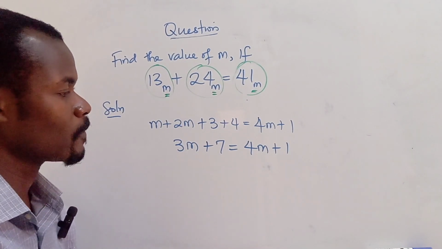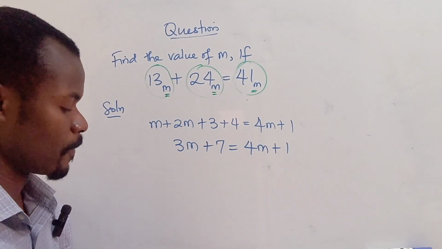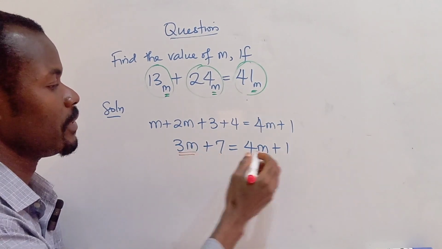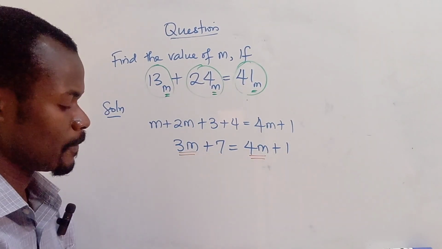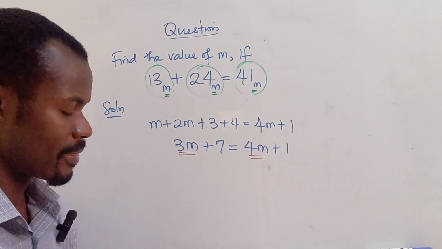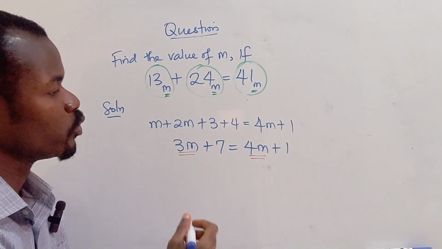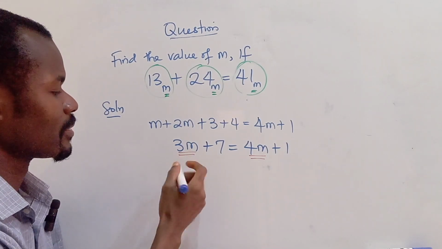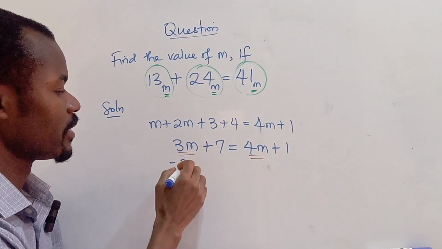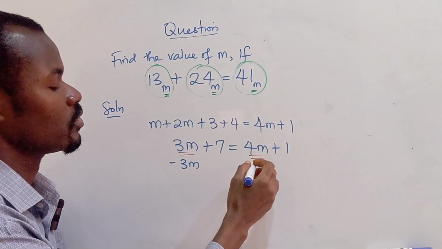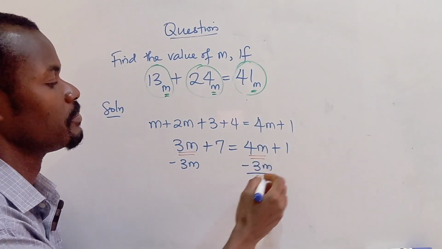We are still going to collect like terms. You see that we have n here, we have n here. So how do we collect like terms? I'm going to subtract 3n here, and I'm also going to subtract 3n here.